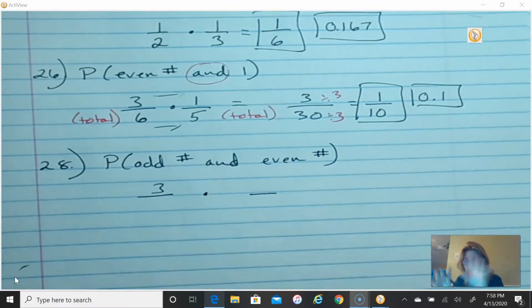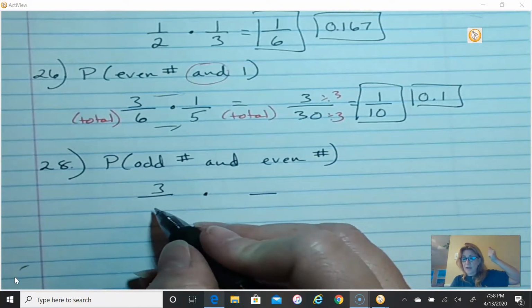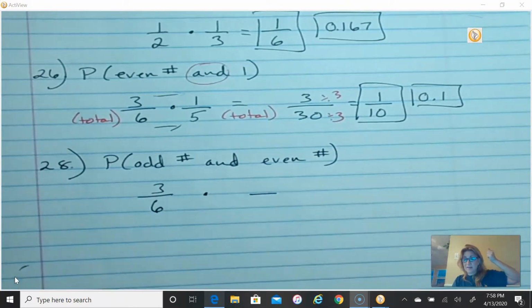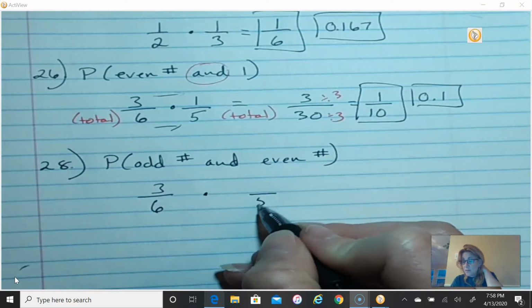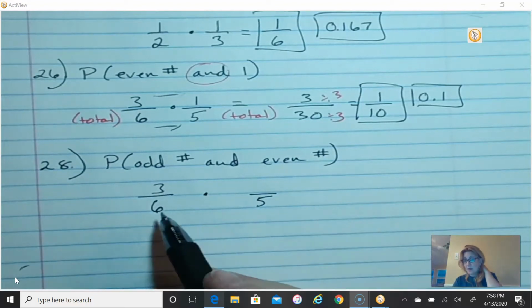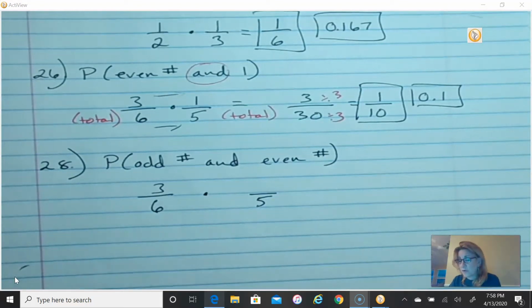We're starting from scratch, so we have all the cards there. We draw 1. How many total did we have at the beginning? We have 6. But now I've drawn 1, so how many do I have left? 5, because I kept the card that I drew on the first one.